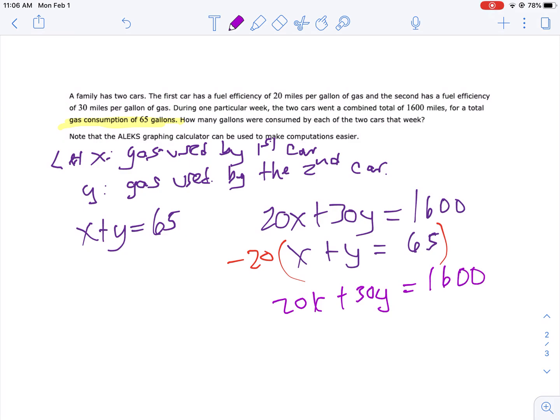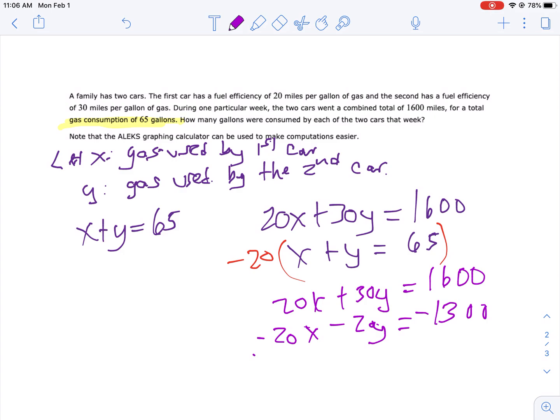Now if I multiply by negative 20, we get negative 20x minus 20y equals 65 times 20, which would be negative, what would that be, 1,300? Let's double check. 6 times 2 is 12, 5 times 2 is 10, so yeah, 130.